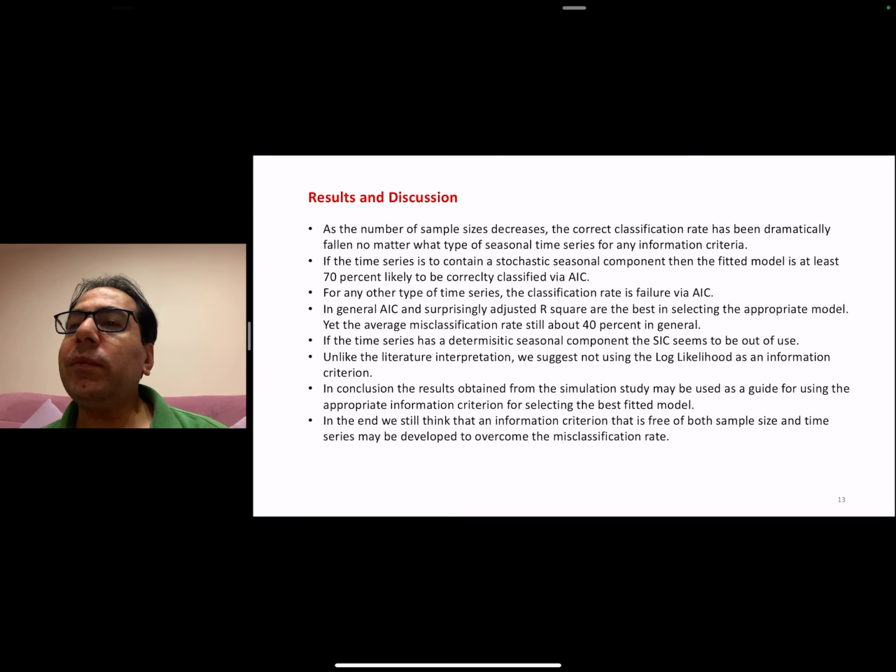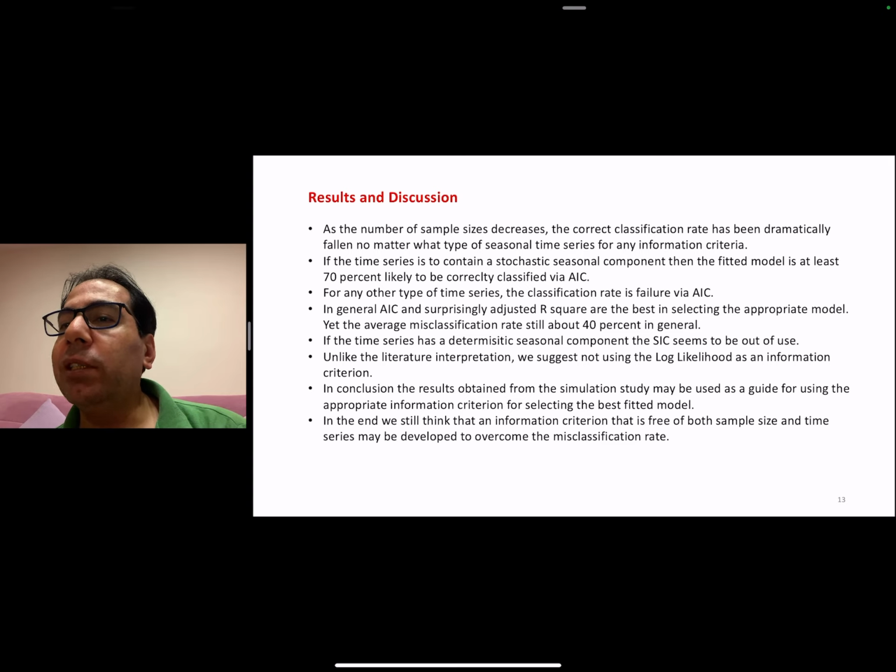Okay, to conclude my results, I have itemized the important findings. As the sample size decreases, the correct classification rate falls dramatically, no matter what type of seasonal time series, for any information criterion. If the time series contains a stochastic seasonal component, then the fitted model is at least 70% likely to be correctly classified by the information criteria.